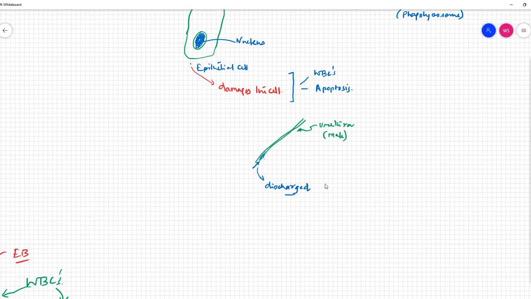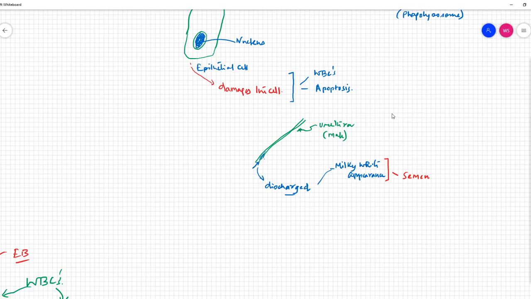And when these come out, they will be discharged. When it is discharged, it has a milky white appearance, and sometimes it is kind of off-white in color. So the people who observed it initially thought that it resembled semen.